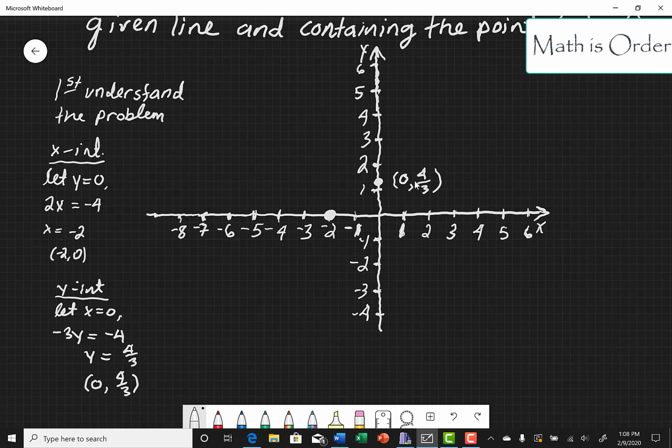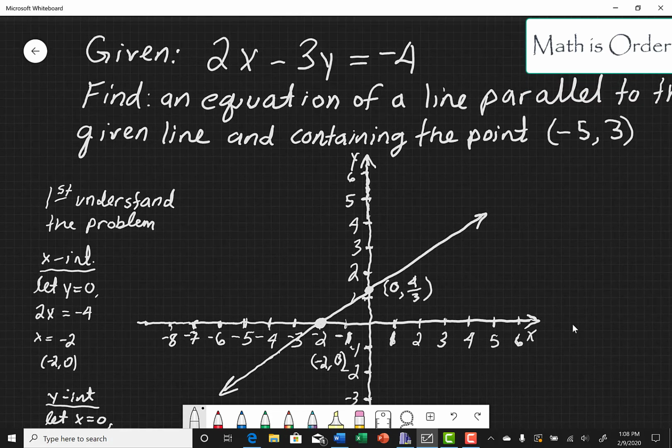The ordered pair on the other one is -2, 0. Then let's draw a solid line through these points. So this is the graph of the equation 2x minus 3y equal -4.